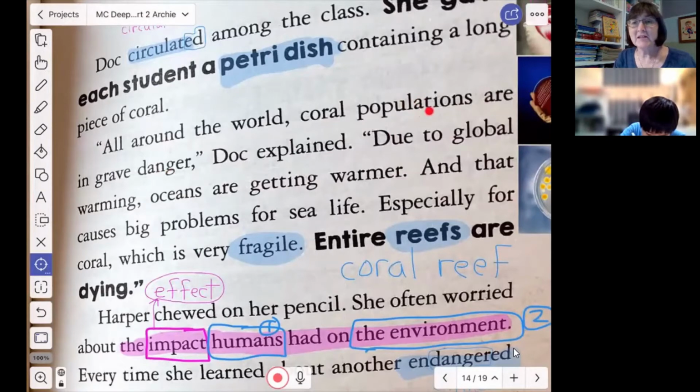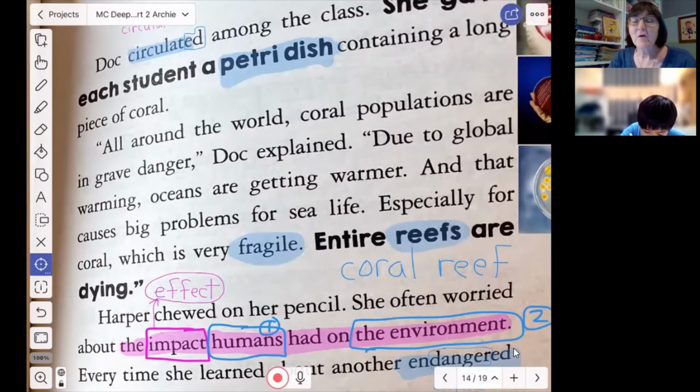A population is a large group of the living thing living together. So if we talk about what is the population of Taiwan, we could say, well, there are almost 24 million people living in Taiwan. That is the population.